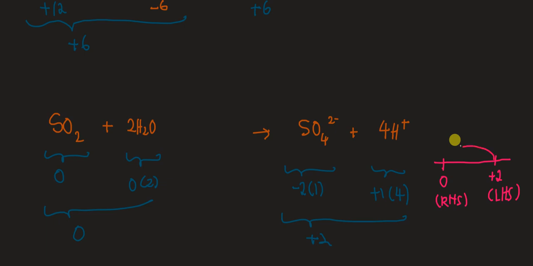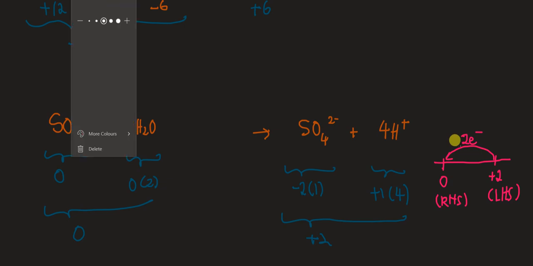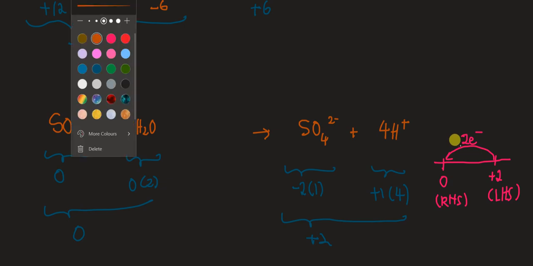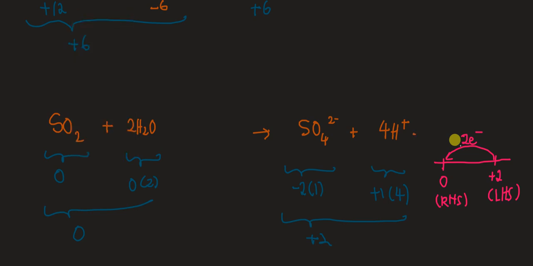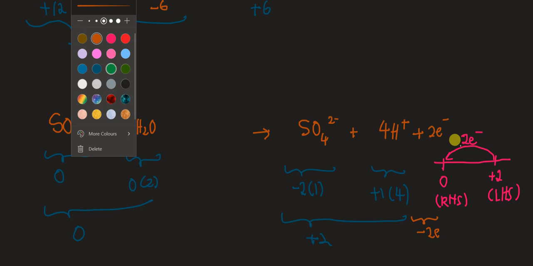So we add 2 electrons here, which will bring the charges to 0.